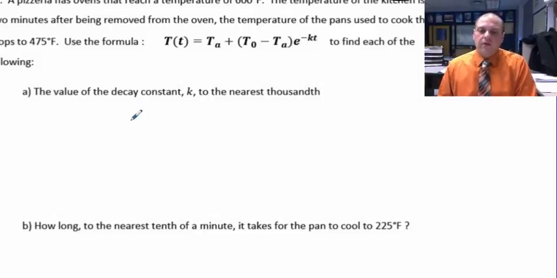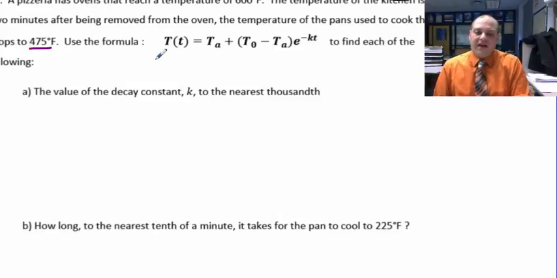Newton's law of cooling. Okay, so we've done a bunch of these. The temperature that we're getting the pizza to become is 475. That's my T. All right, I'll do color coded here. The ambient temperature is that room temperature, 74.